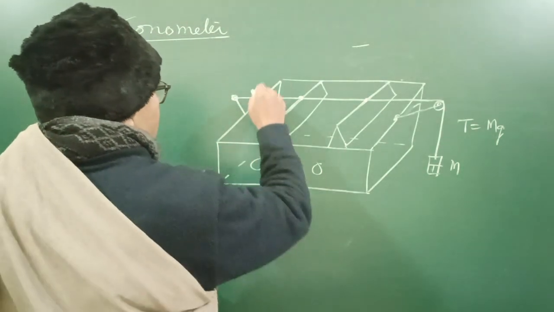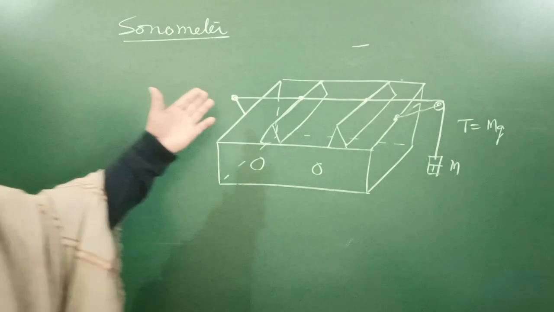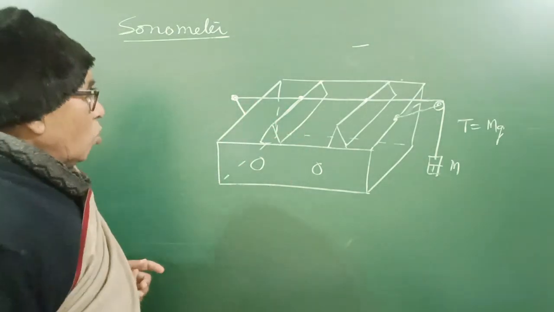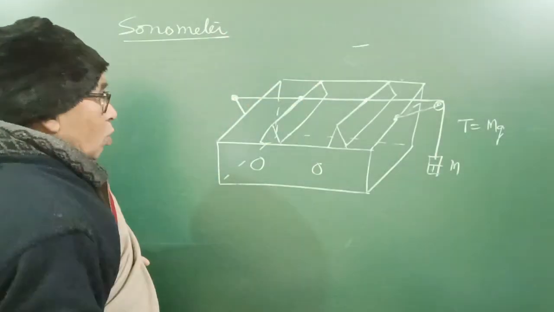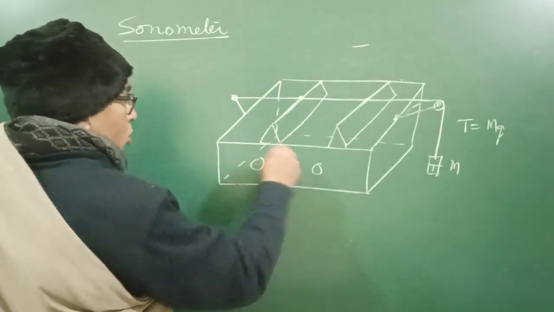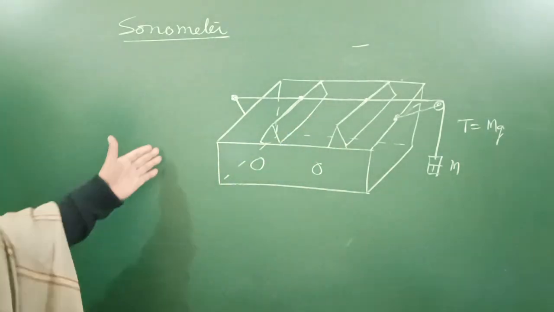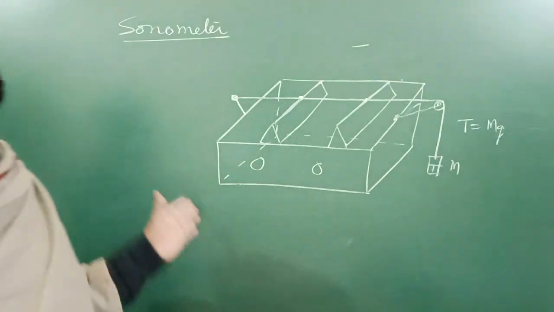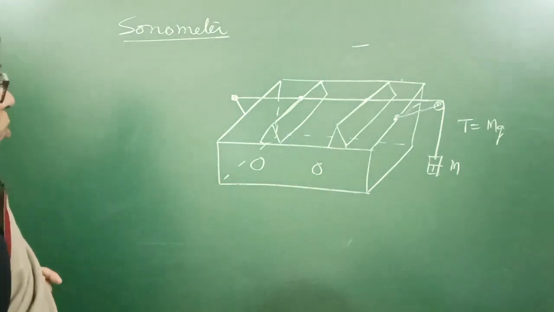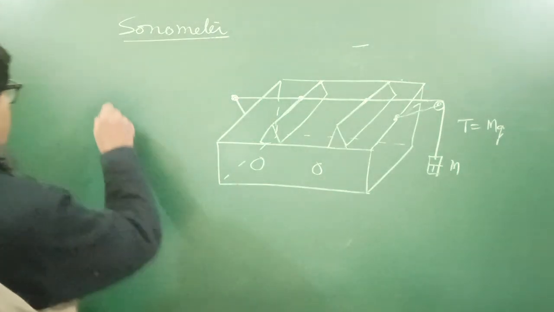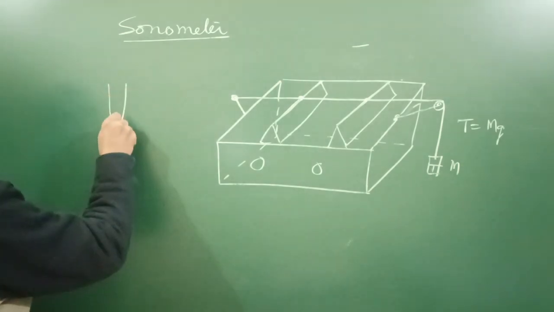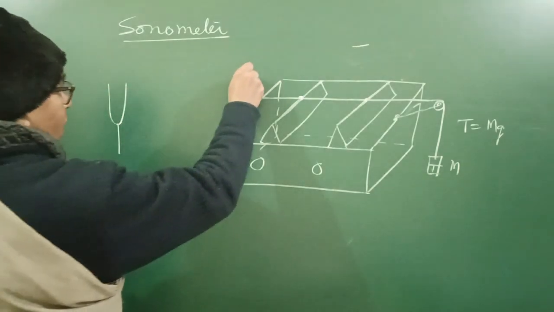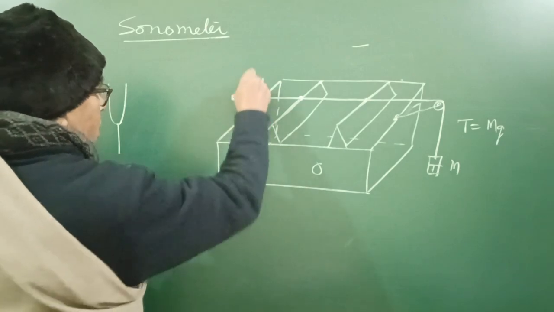When any vibration is excited in the wire, those vibrations go into air and produce sound, the whole system oscillates. Now suppose we excite it; here we have a tuning fork. We put this vibrating tuning fork over this.